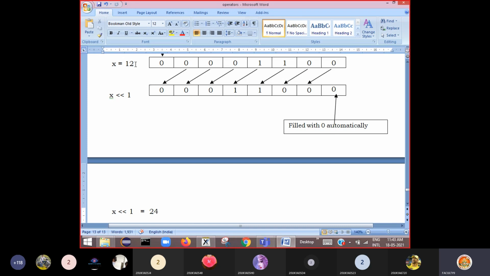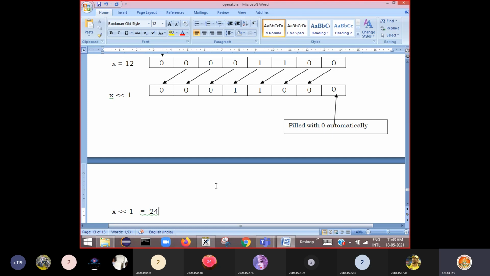That means when you move the number 12 by 1 bit position towards left, the number became 24. Yes or no?